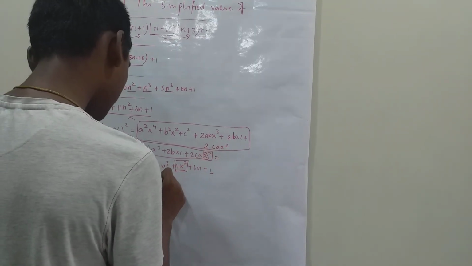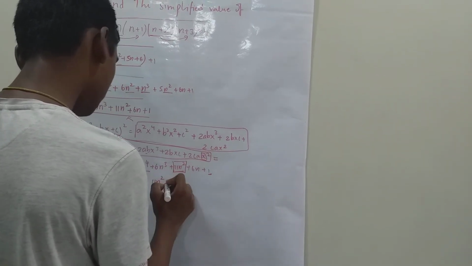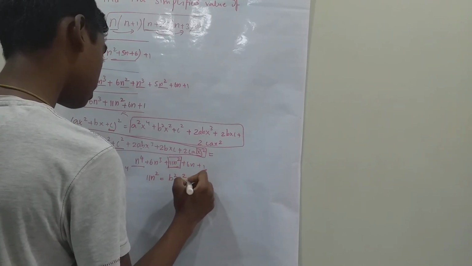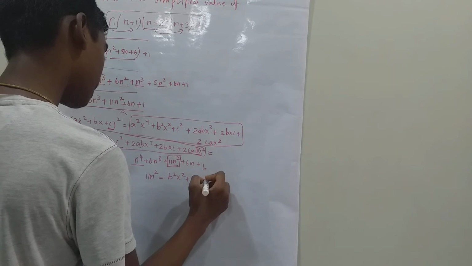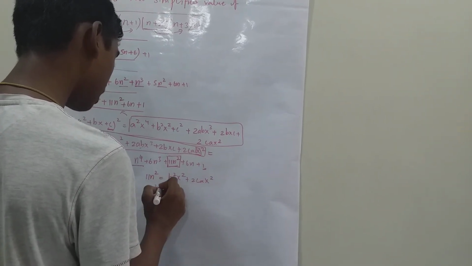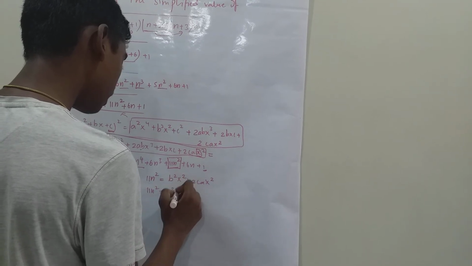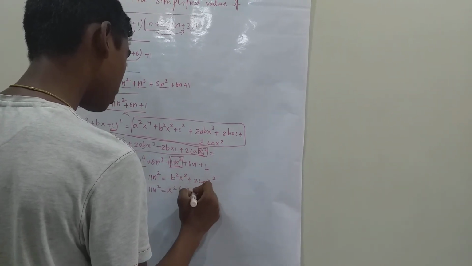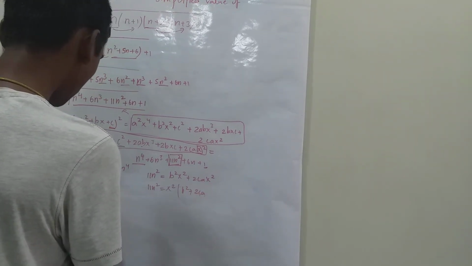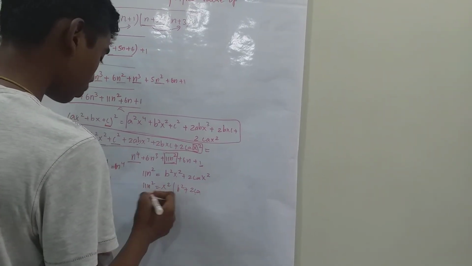so it's got to be this, because there's an x squared here too. So 11n squared equals b squared x squared plus 2ca x squared. If I take x squared common, 11n squared equals x squared times b squared plus 2ca. So ca is 1 times 1, which is 1.